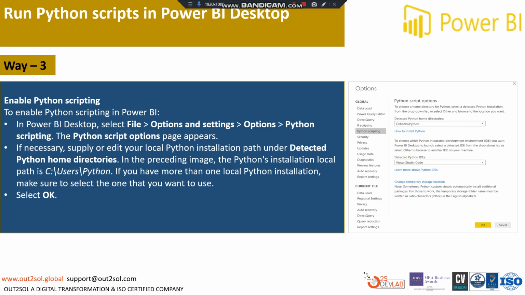If necessary, supply or edit your local Python installation path. In this also you have to install Python on your local desktop. In the preceding image, you can see the Python installation local path displayed as well. And now after this you have to click OK.